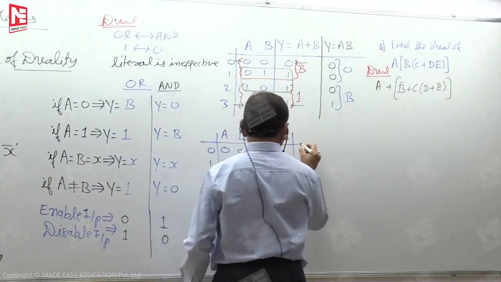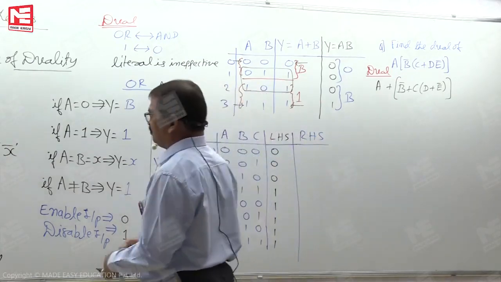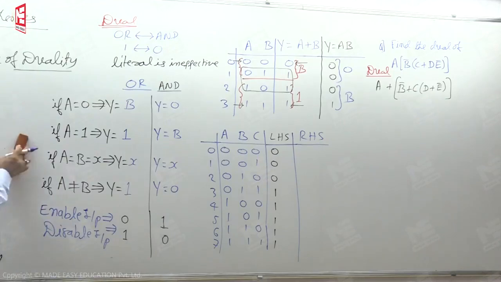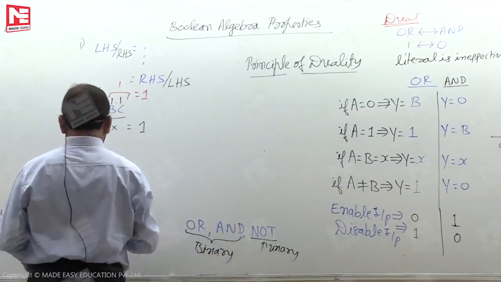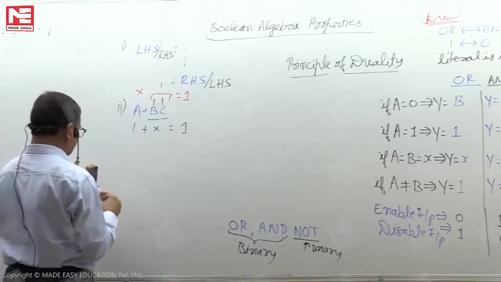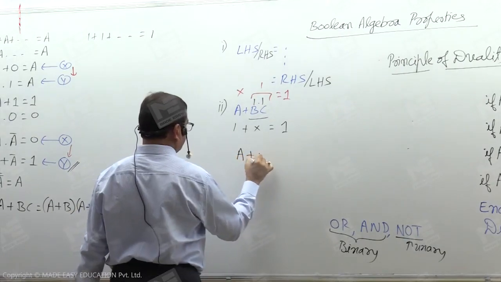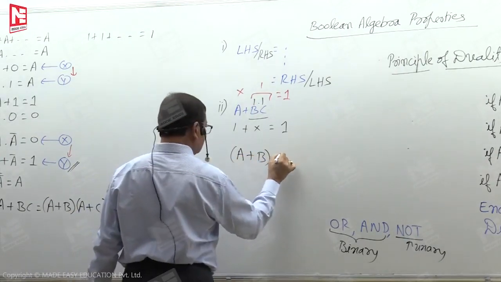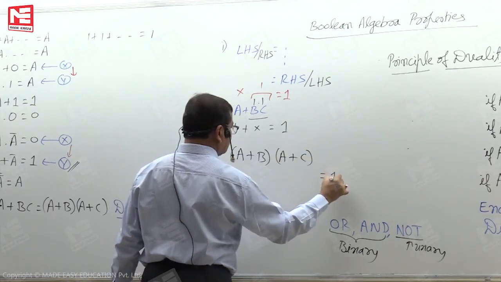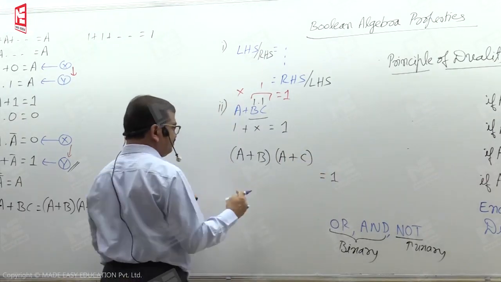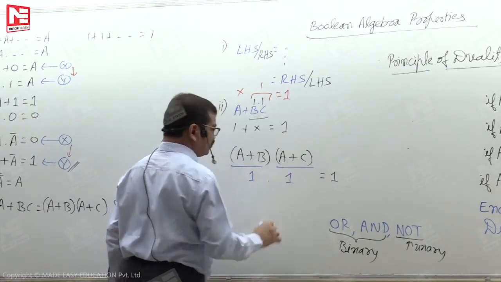Similarly, let us read the result of the RHS expression. The RHS term we have is A or B, and with A or C. If you want this result to be 1, this term must be 1 and this term also must be 1.